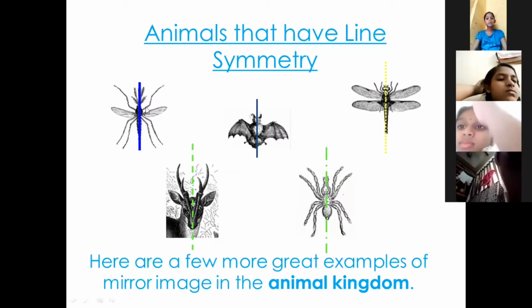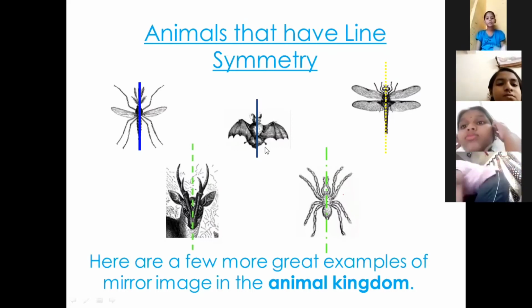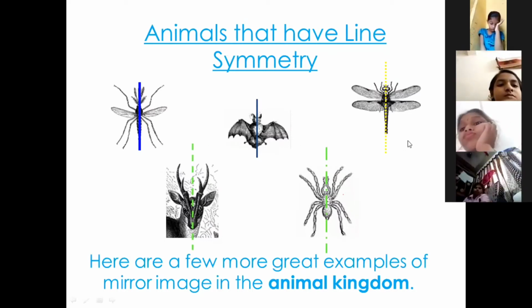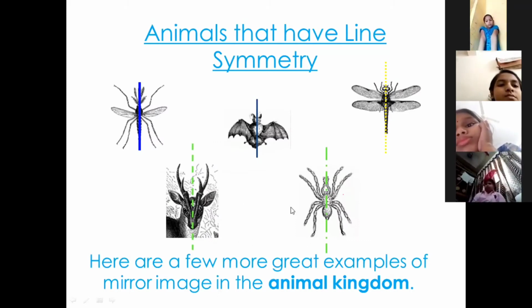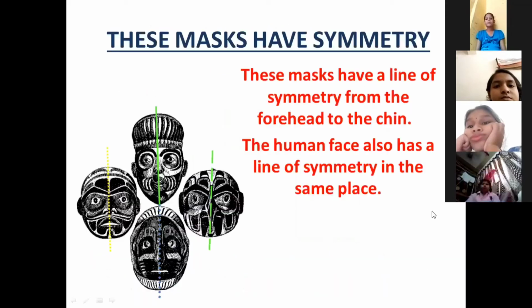Here we have a line of symmetry in the bat, in flies also, even the face of a lion, and here a spider. So here we have some lines of symmetry in insects and animals.